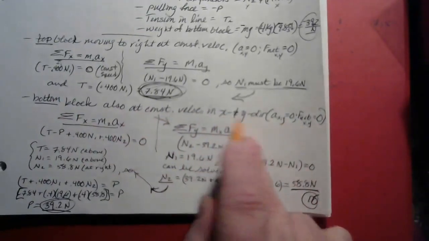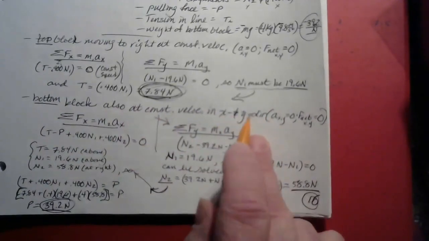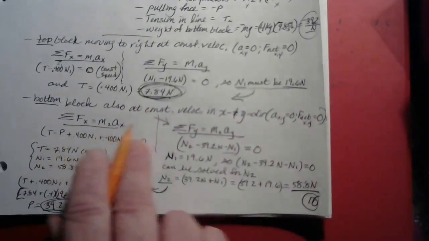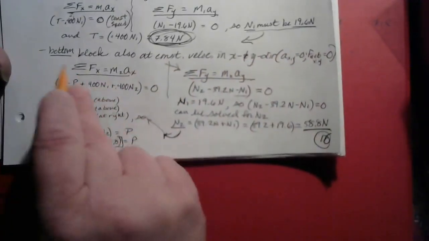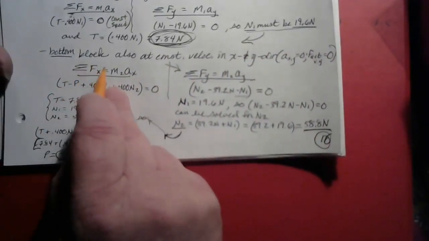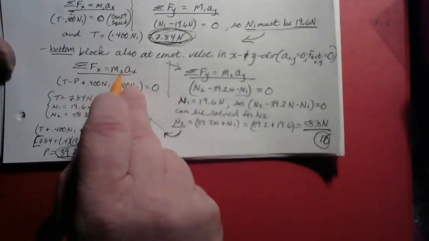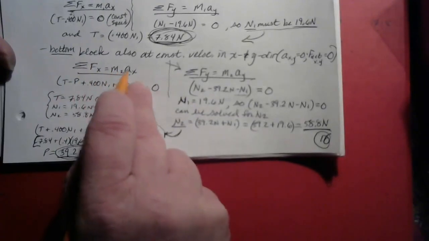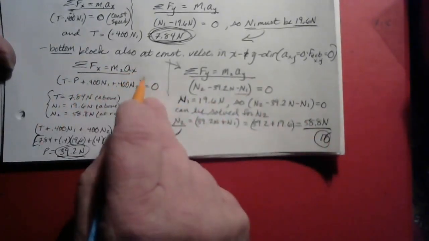And that means there's no acceleration in either the x or the y direction. And so you can look at the x and y direction for block 2. The sum of all the forces in the x direction should be equal to m2, that is the mass of block 2, times its acceleration in the x direction, which is 0.